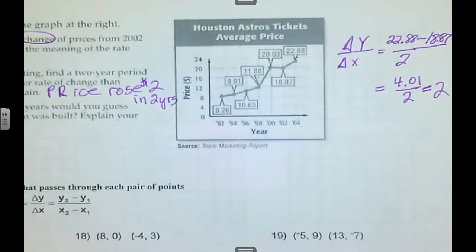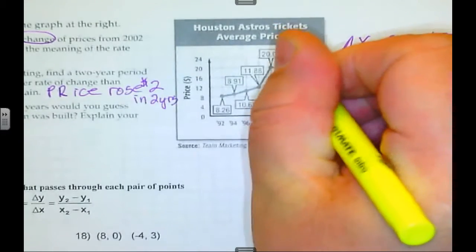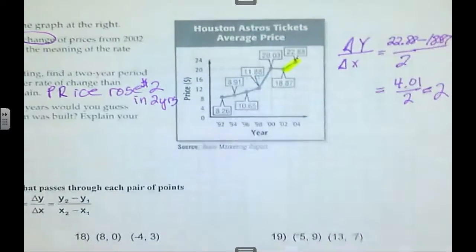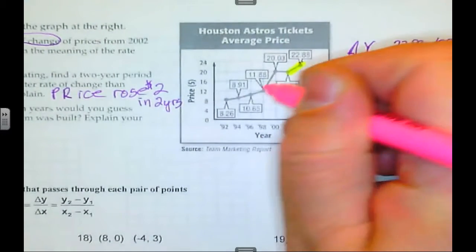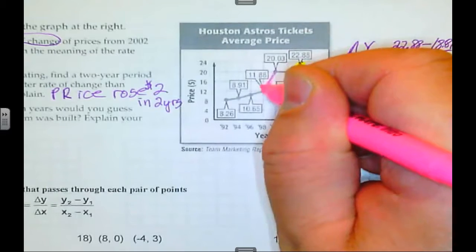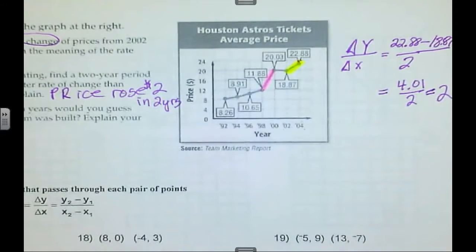Okay, here I am currently. Here's my rise of $2, right? My rate is $2. Where is it going to be a steeper rate? Just look at the graph. Yeah, this line right here. That's a steeper rate increase between 98 and 2000.